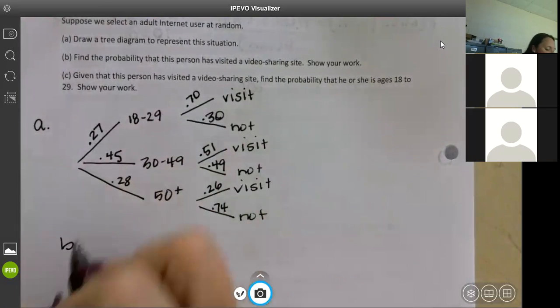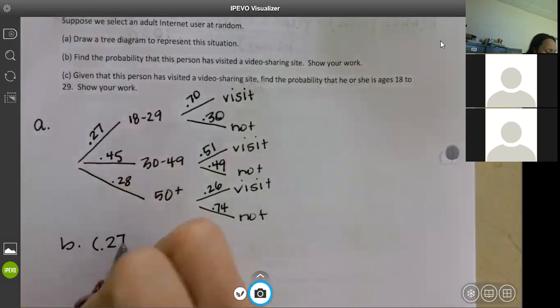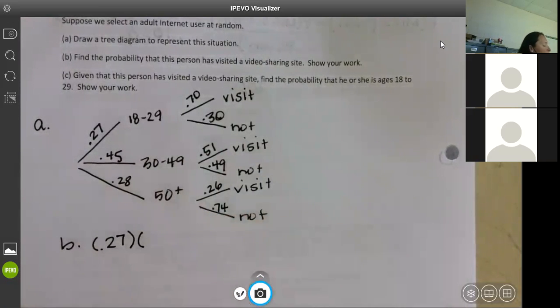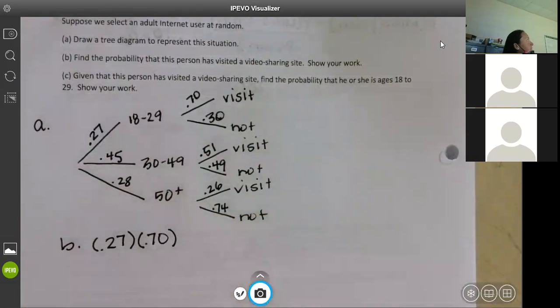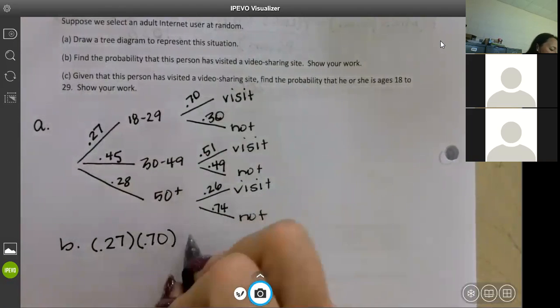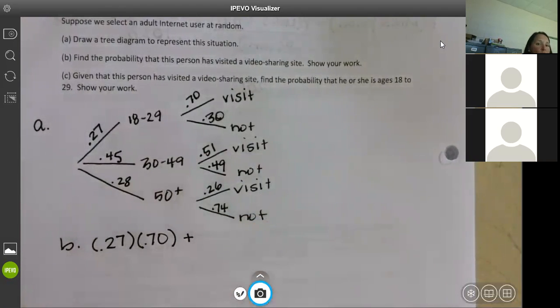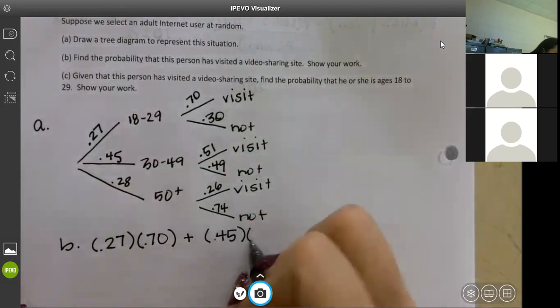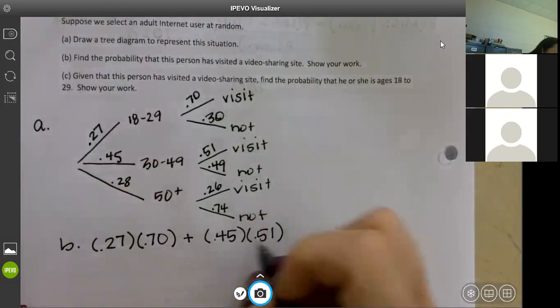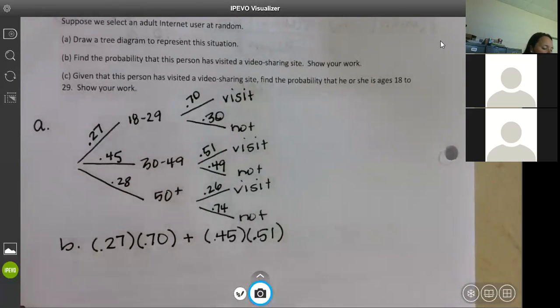So for 18 to 29, there are 27% that do go on the internet and 70% of those visit a site. Does that make sense? Then we have 30 to 49, where 45% go on the internet and 51% visit those sites.